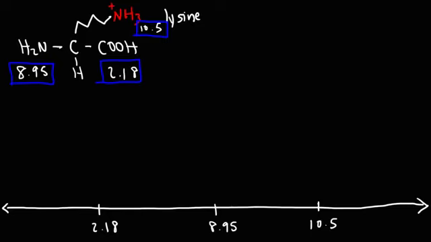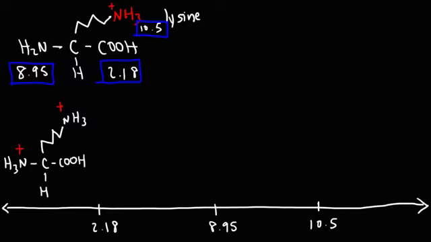So when the pH is less than 2.18, this amino acid will be fully protonated. Each nitrogen atom will have a positive charge. So this will be the dominant form of lysine at a pH below 2.18.